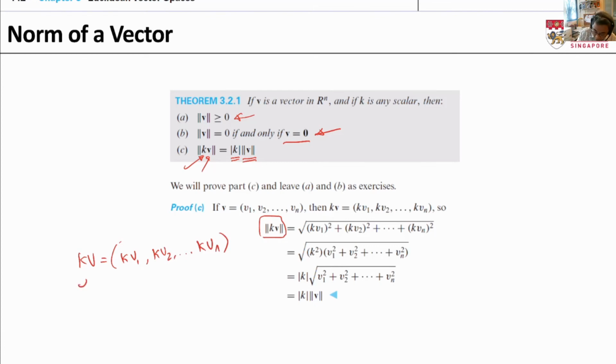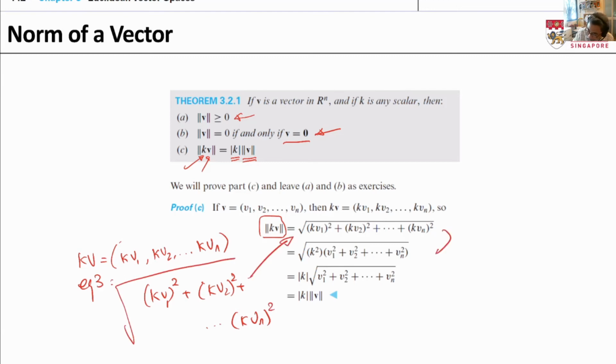We then apply equation 3, which is the Pythagoras Theorem, basically squaring each entry, kv2 for the second entry squared, plus kvn for the last entry, and taking its square root.